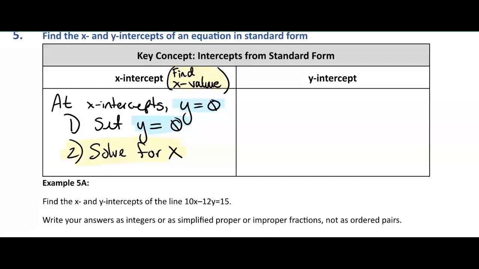When I'm trying to find an x-intercept, that means I want the x value, so I'm going to solve for x, because that is the value on the x-axis, and at the x-axis, y is 0. That's why, W-H-Y, that's why I set y equal to 0.